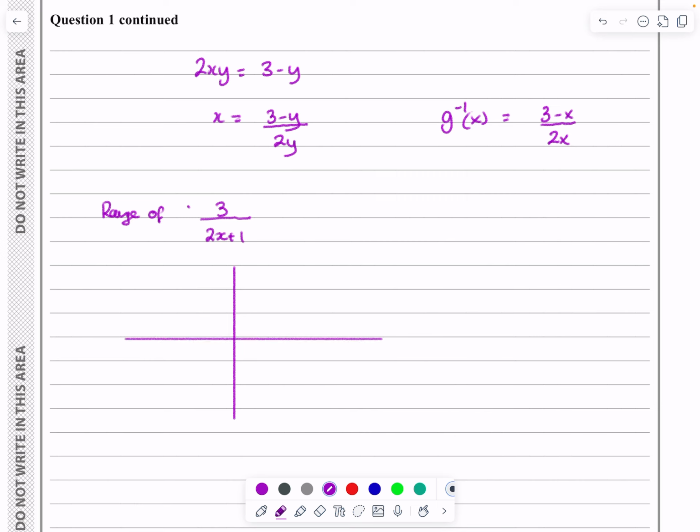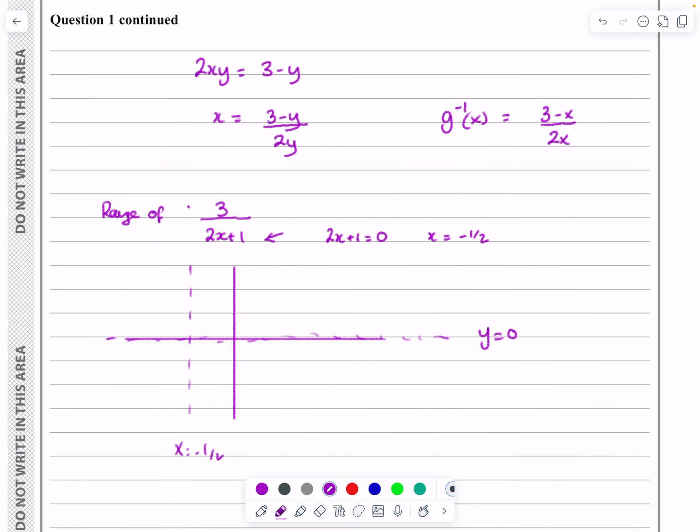If I'm trying to sketch this function, I can see that 2x plus 1 equals 0 is going to give me x equals minus a half. So that's going to be the asymptote going that way. And obviously the other asymptote is going to be here at y equals 0.